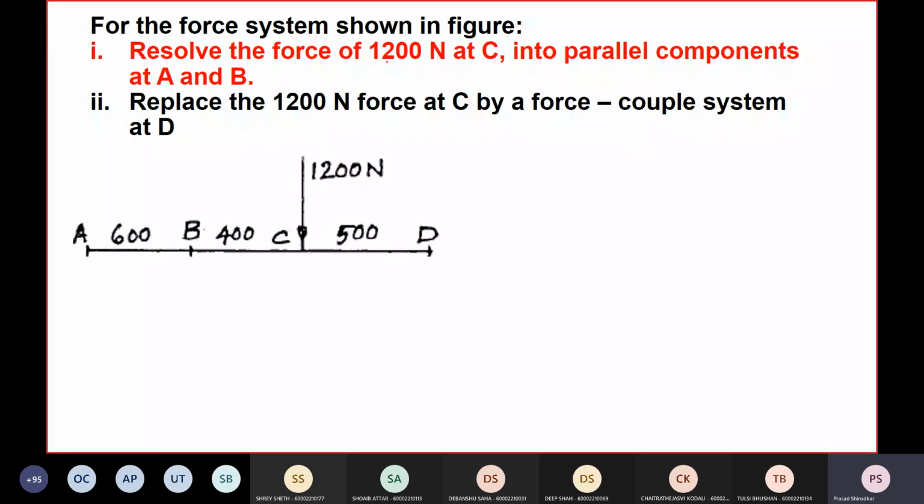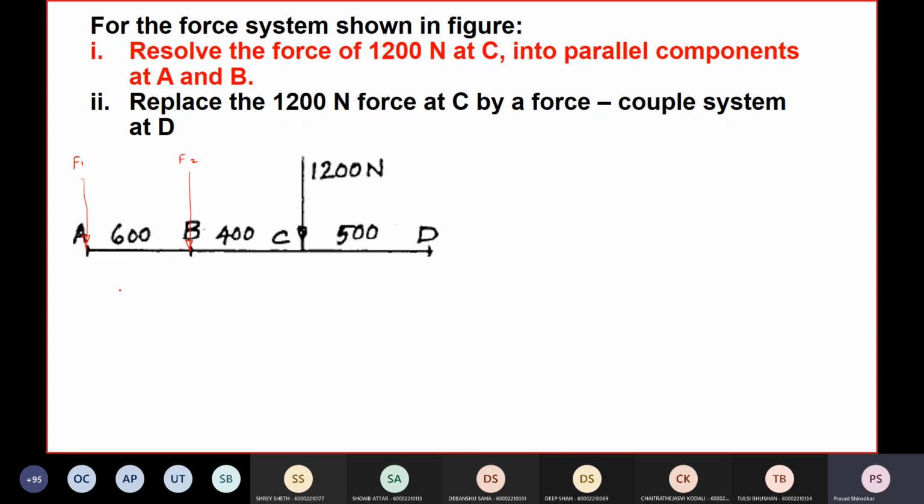Resolve the force of 1200 Newton at C into parallel components at A and B. Okay, so there is a force at C, and this you have to resolve into a parallel force system at A and B. So let's make this parallel force system, and let's call these F1 and F2. Okay.